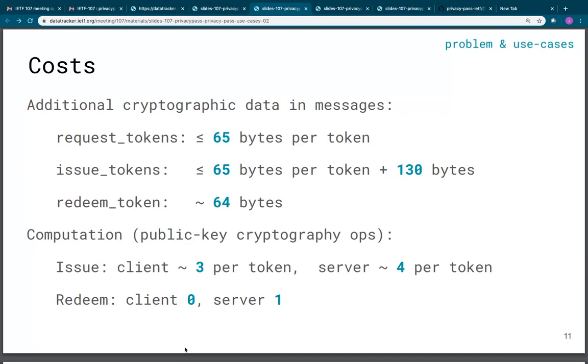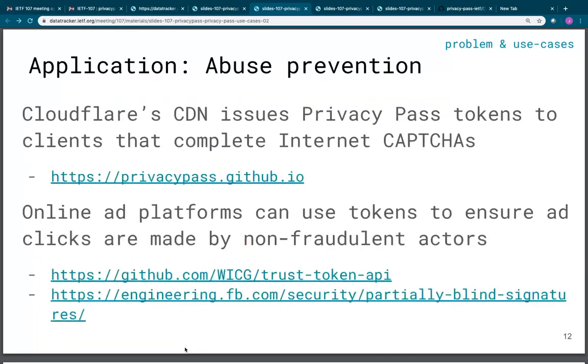So next slide, please. Moving on to the applications, as I mentioned before, Privacypass came out in collaboration with the Cloudflare CDN. Cloudflare uses Privacypass as an abuse prevention mechanism to improve accessibility for clients that interact with Cloudflare's internet CAPTCHAs, which they use to protect their customer websites.